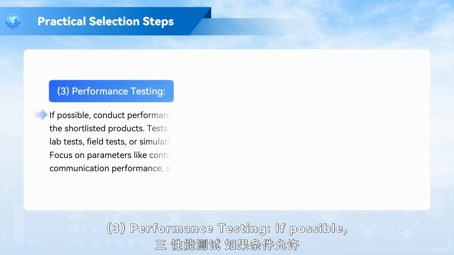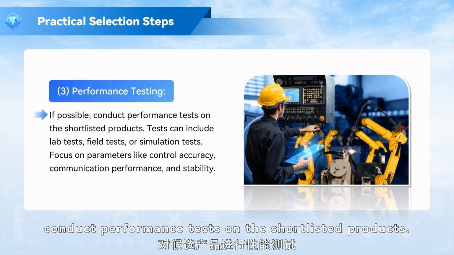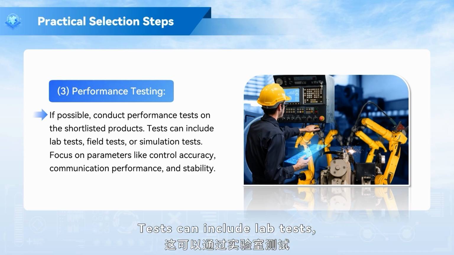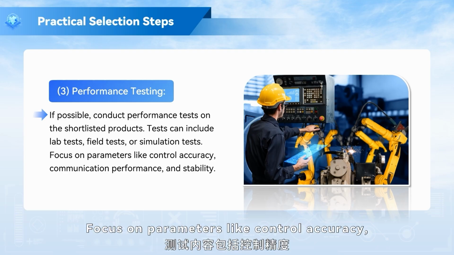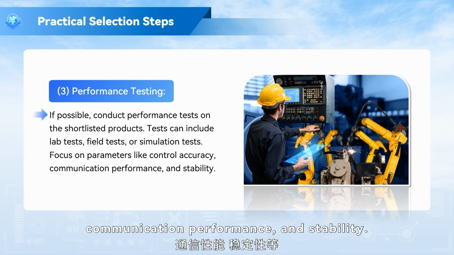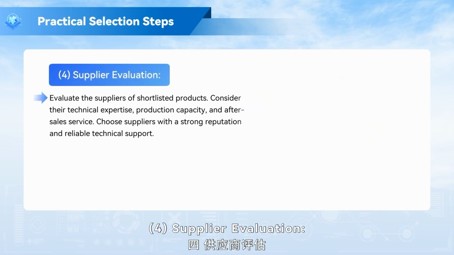3. Performance testing. If possible, conduct performance tests on the shortlisted products. Tests can include lab tests, field tests, or simulation tests. Focus on parameters like control accuracy, communication performance, and stability. 4. Supplier evaluation.